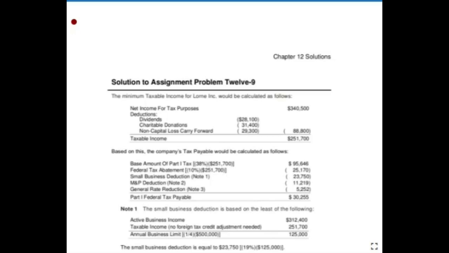So this question that I want to run through is assignment problem 12-9. It's at the top of page 626.